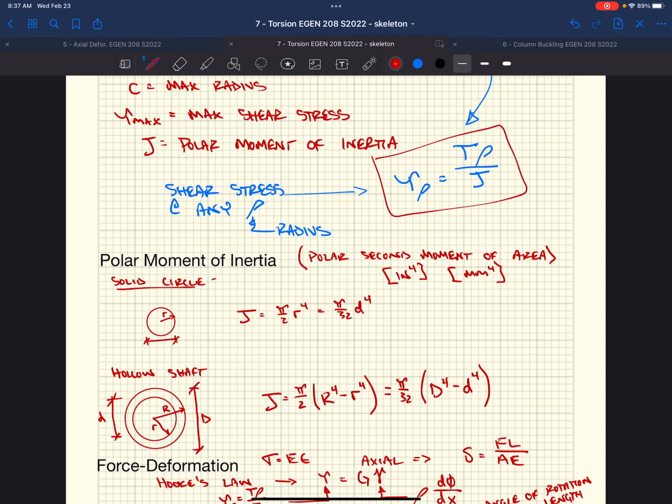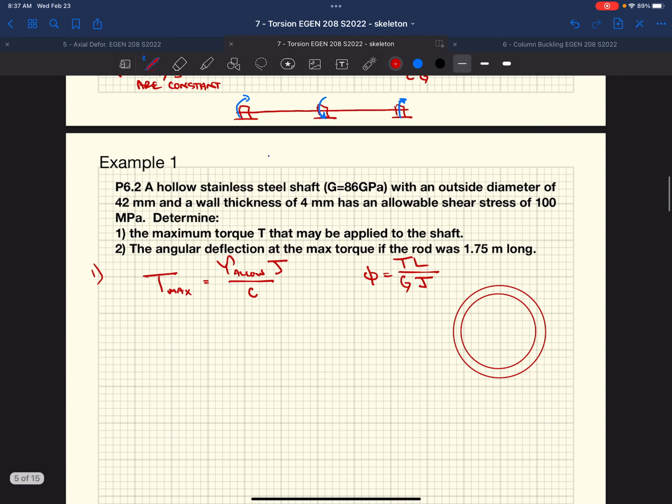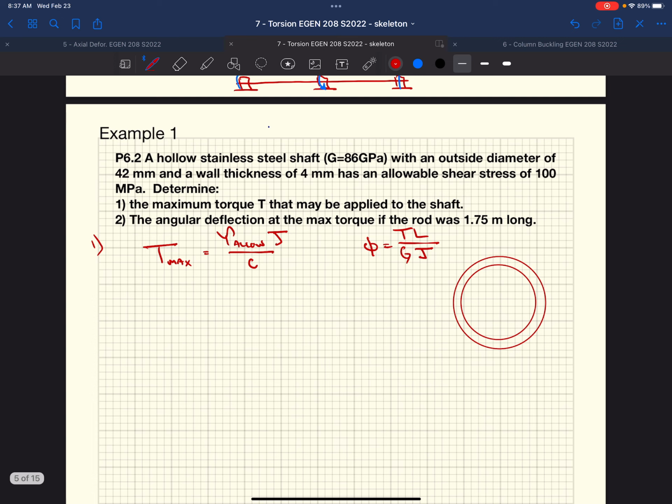So in this case, because they gave us the dimensions of this pipe, they gave us the outside diameter and the wall thickness. So they said big D, they gave us as 42 millimeters. And they told us that the thickness of the shaft was 4 millimeters.